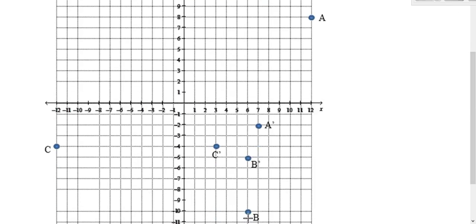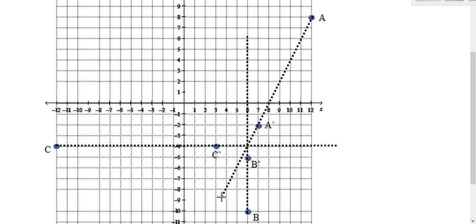So you draw the line from B to B prime, from C to C prime, and from A to A prime, or A prime to A, depending on which way you want to draw it. You just draw the lines that pass through them, and all of those lines will intersect at one point. That point is the center. Here they all intersect at that point. So the center is 6, negative 4.